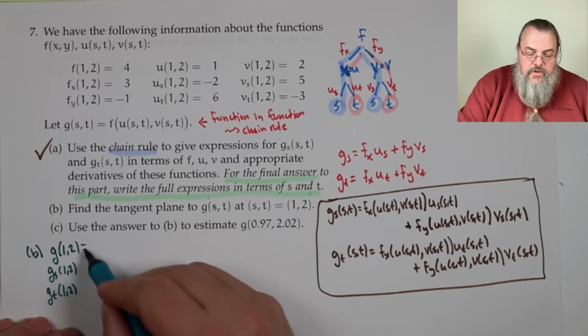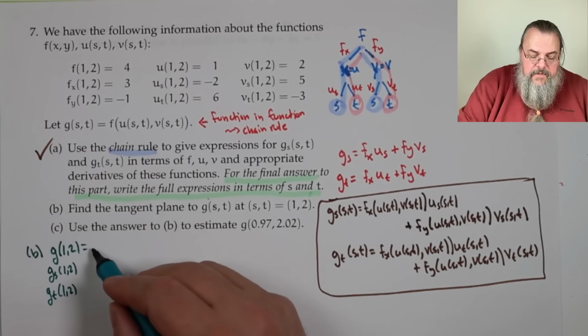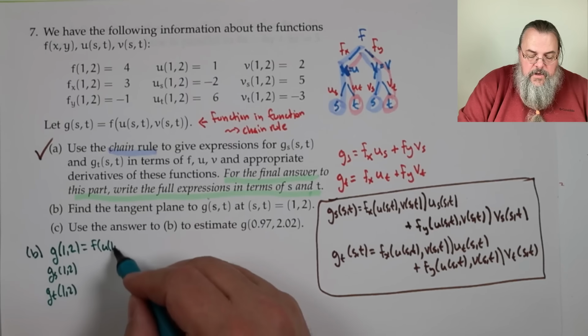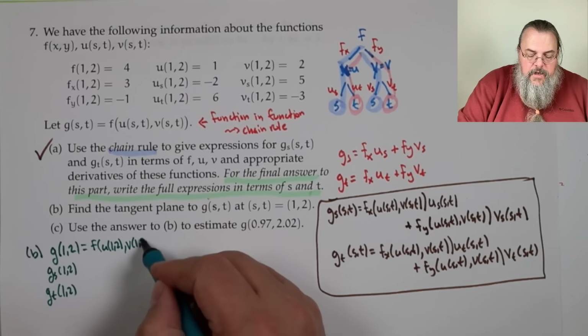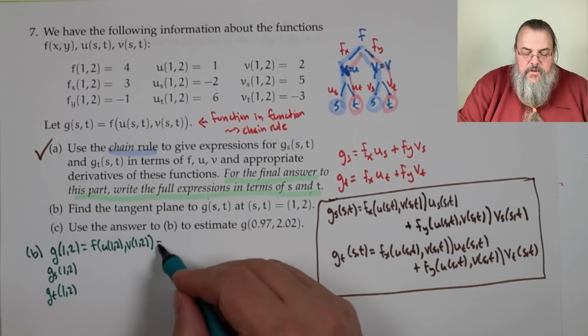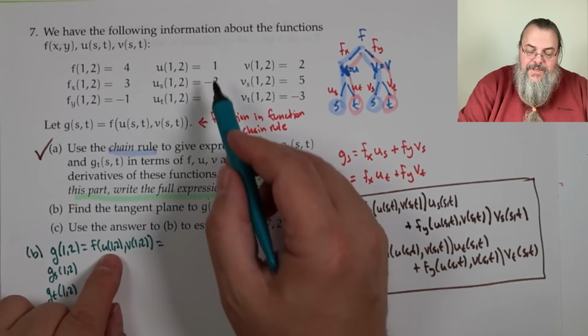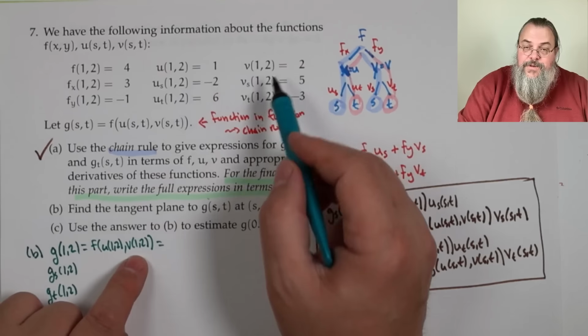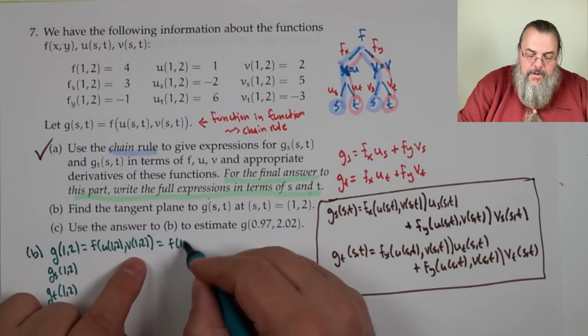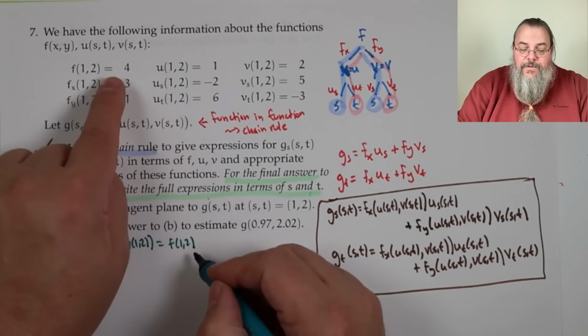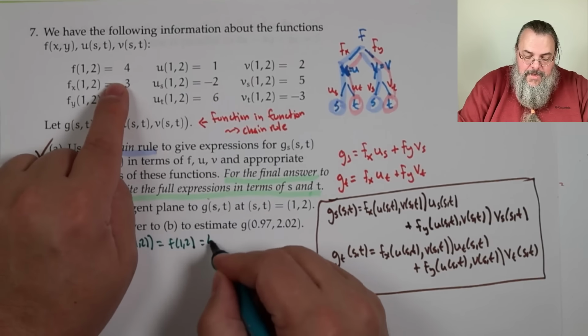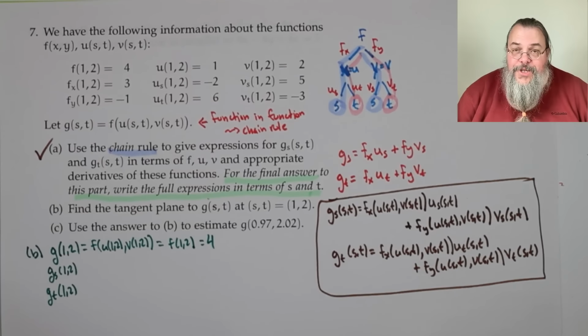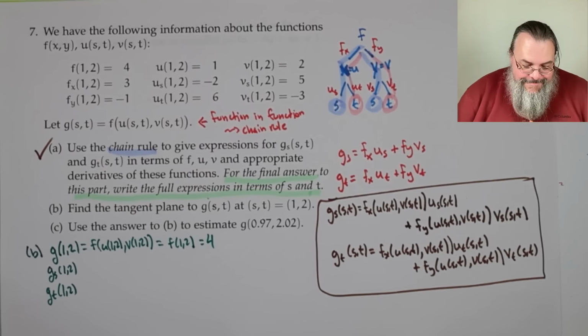Now g of 1, 2, that would be f of u of 1 comma 2, v of 1 comma 2. But what is u of 1 comma 2? It's 1. V of 1 comma 2 is 2. So that's f of 1 comma 2, which is 4. Okay, so that's g of 1 comma 2, 4.